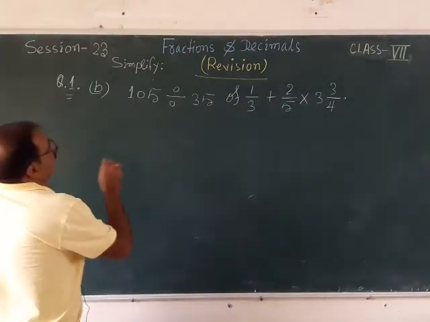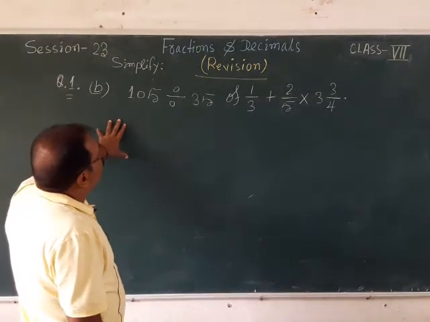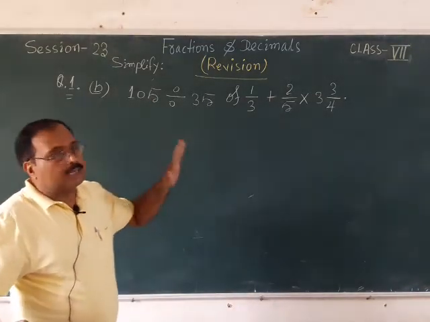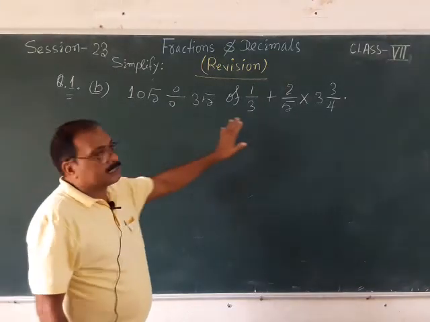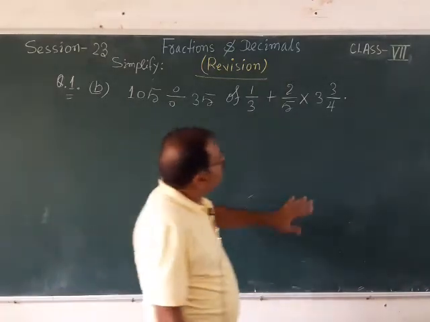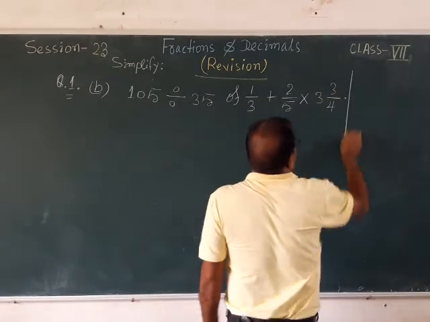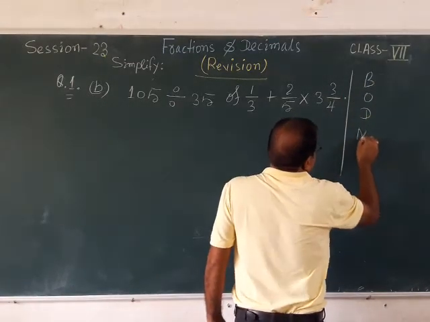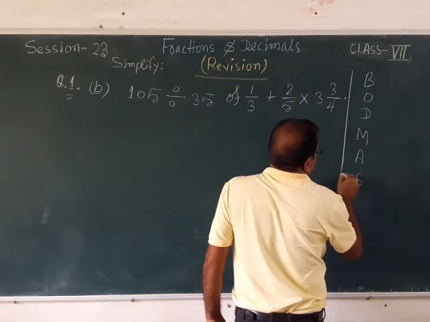So here what I am going to do, according to BODMAS, there are no brackets, so bracket is not there. Now whatever signs are given, you can understand that we have to follow the sequence of working, BODMAS.